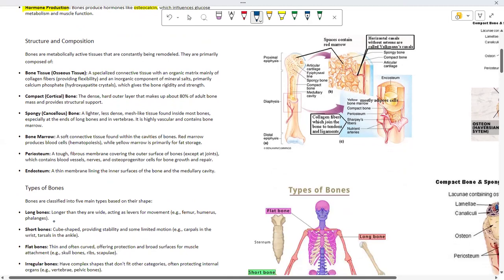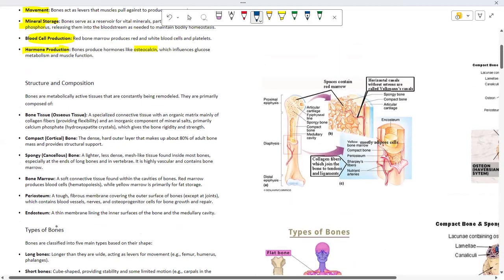So let's look at what it's primarily composed of. If you take the bone, you have the bone tissue, also known as the osseous tissue. A specialized connective tissue with an organic matrix, mainly of collagen fibers.